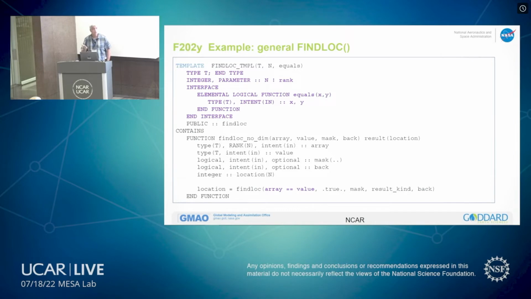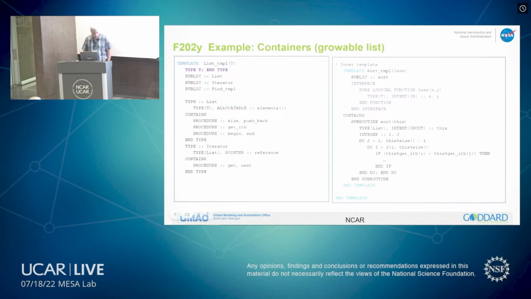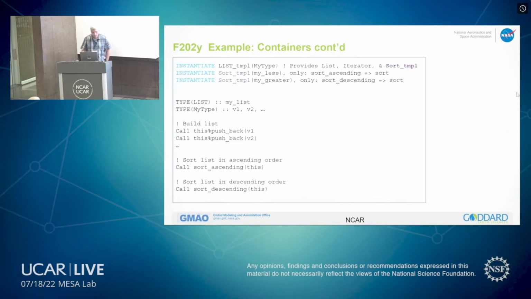It'll return the first element for which you got the true value, which is the one we wanted. And we pass along the mask and the result kind. Sorry, this is stolen from another example. Ignore result kind for the moment, and back, which comes from the other thing. Okay. And then I didn't give an example of instantiating that.